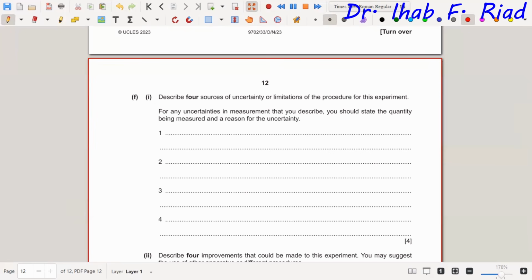We should write that taking only 2 sets of values is not enough. Okay? What else do you think?